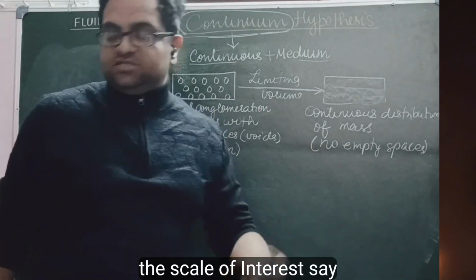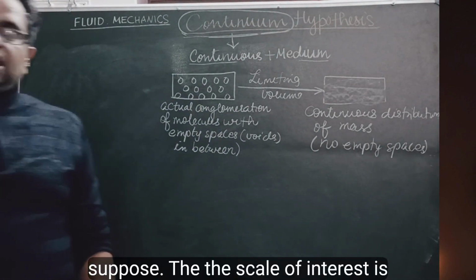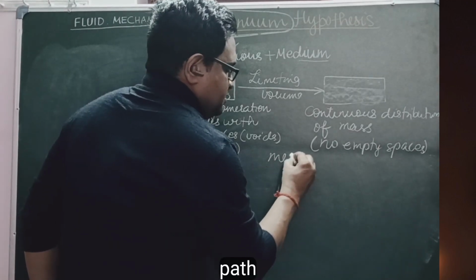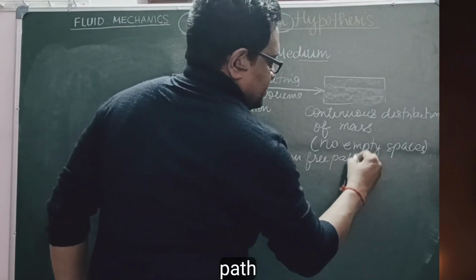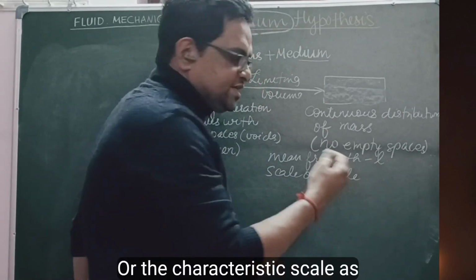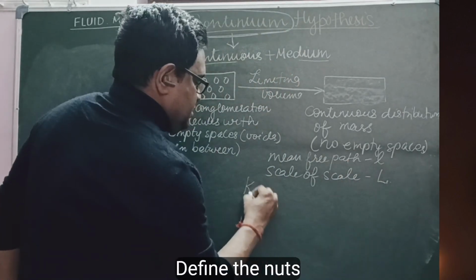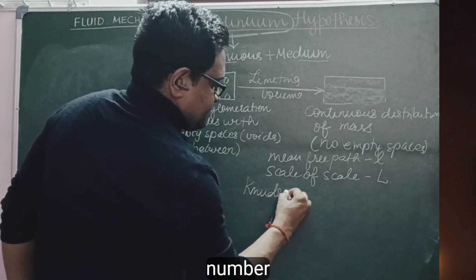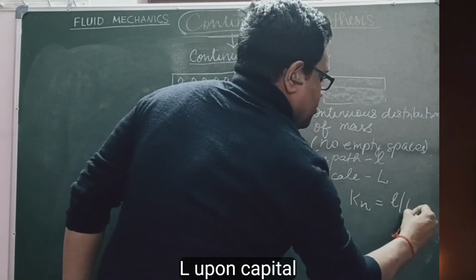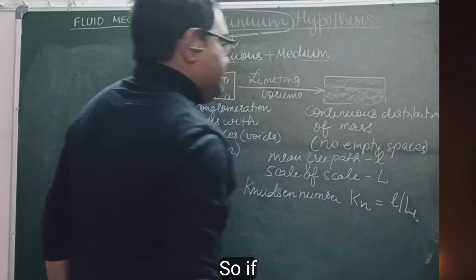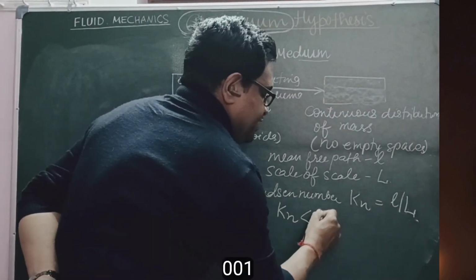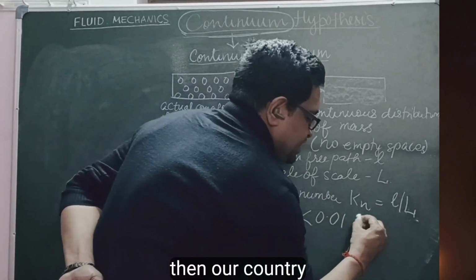Here we are going to take two important quantities. The first is the scale of interest, say L. Suppose the mean free path of the molecules is small l and the characteristic scale is capital L. We define the Knudsen number, represented as Kn, as small l upon capital L. If the value of the Knudsen number is less than 0.01, then our continuum hypothesis is valid.